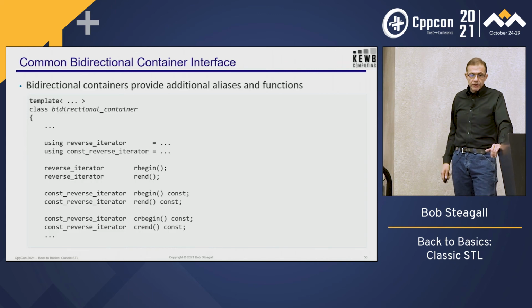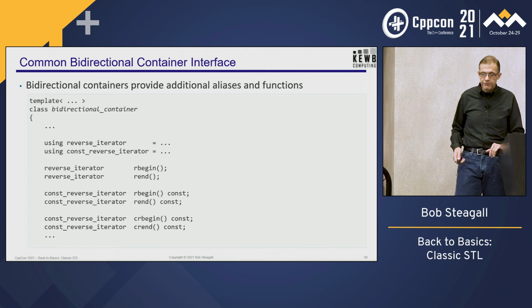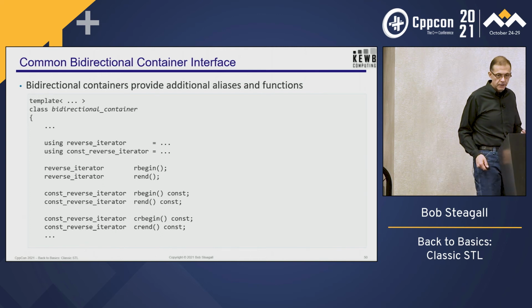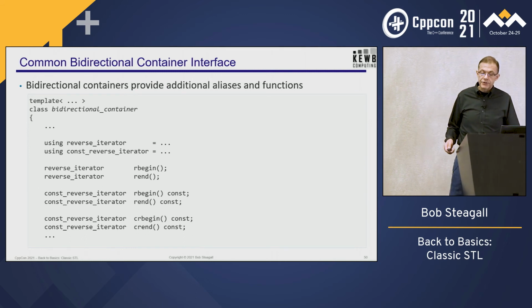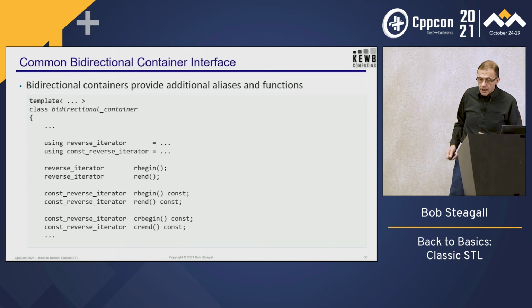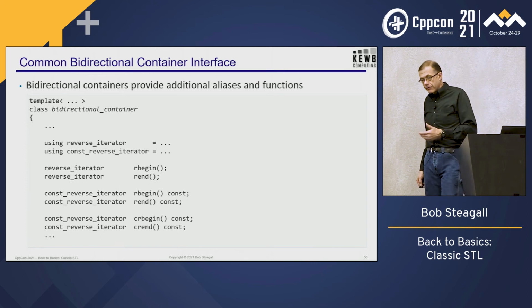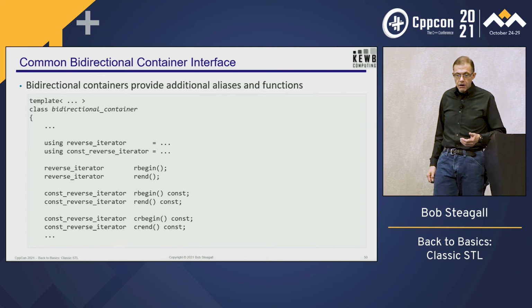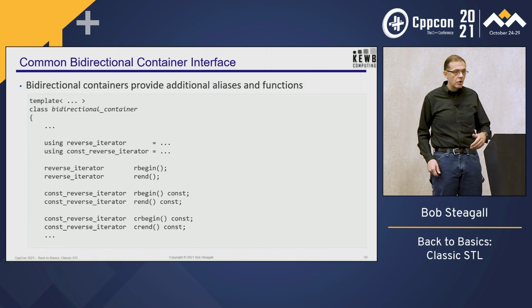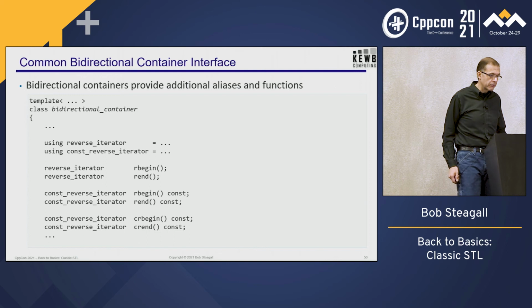Every bidirectional container and above also provides additional aliases and functions. They provide reverse_iterator and const_reverse_iterator, because they have to provide iteration from back to front. And like the other functions, you have rbegin and rend, which return reverse iterators, which provide read and possibly write access.